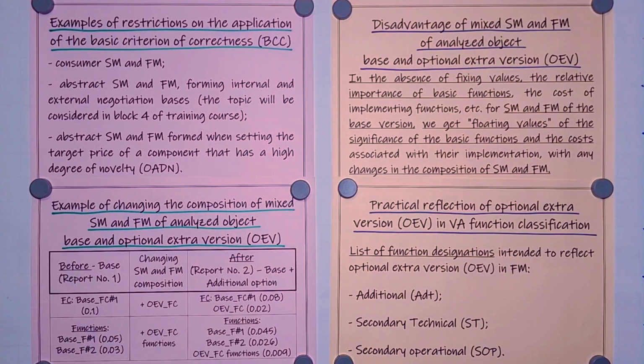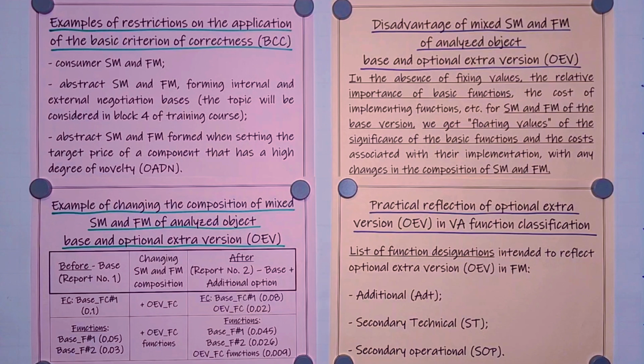Thus, we come across the main disadvantages of mixed structural and functional models, which is that without fixing the values of the relative significance of the basic functions, the cost of implementing functions, etc., for the structural and functional model of the basic configuration, we get floating values here. It's floating values for analogical components.